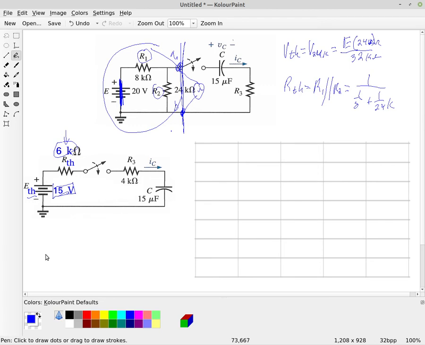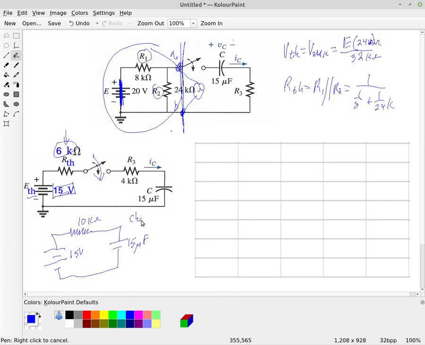So when you close the switch, you're going to have basically a 15 volt source supplying a 10 kilo ohm resistor in series with the capacitor of 15 microfarads. And so that is our RC charging circuit.